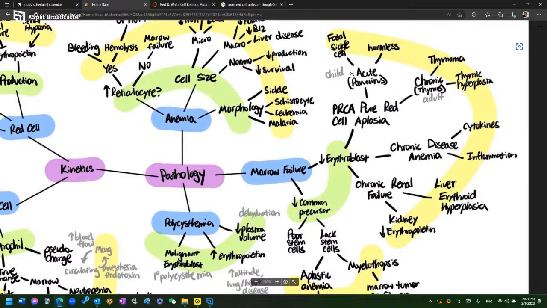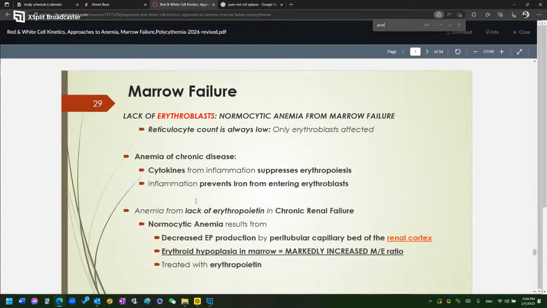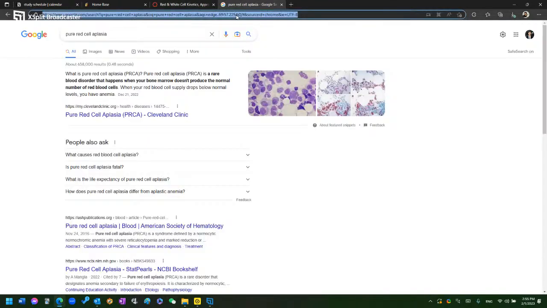And that can be due to an infection, like parvovirus, or it could be a thymic problem. Why that is the case, I'm not actually sure. Let's find out.